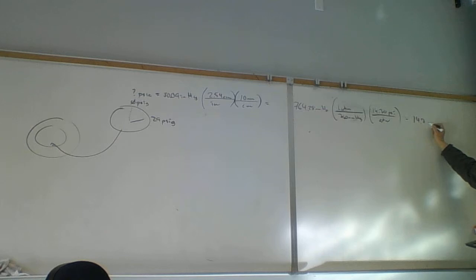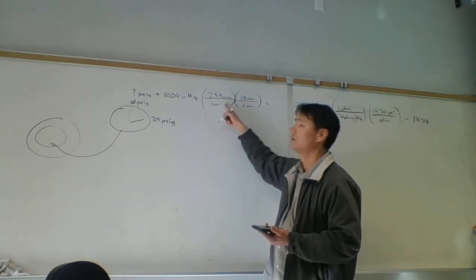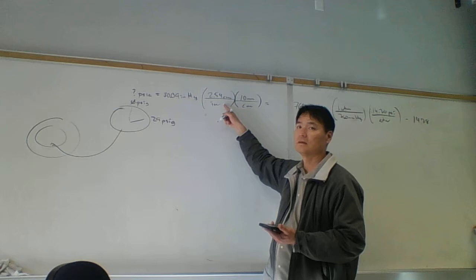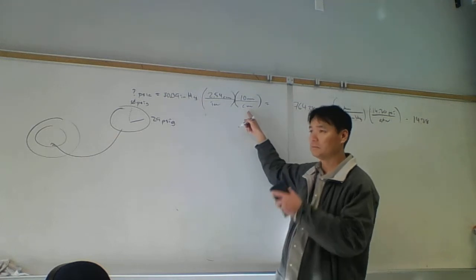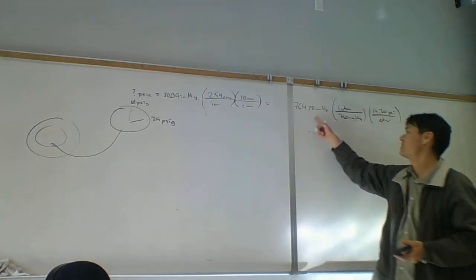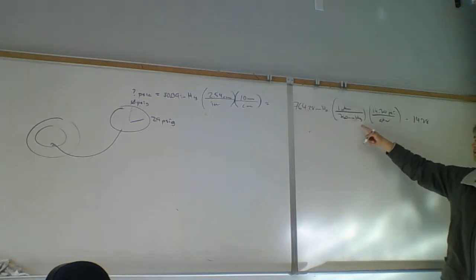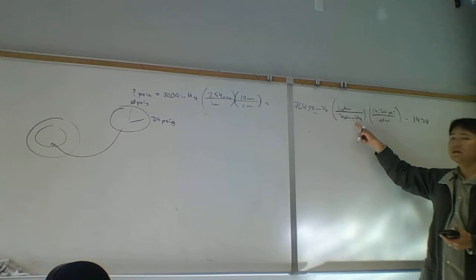Now, how many sig figs do we allow? How many sig figs is this? 4. 3. 2. 1. Okay, so infinite. This one is infinite. This one's intermediate, so hopefully I didn't round it; let's leave it in my calculator.